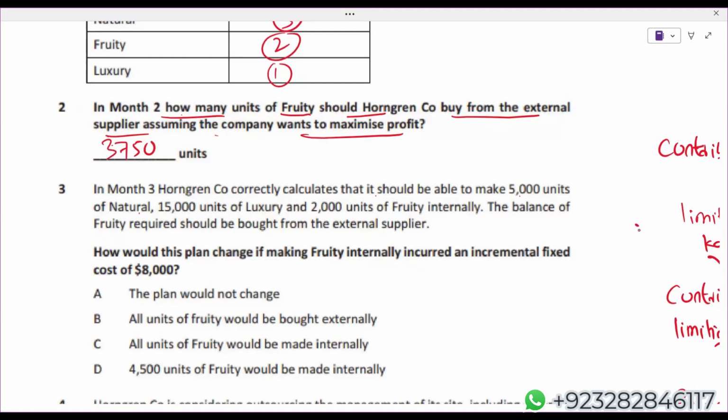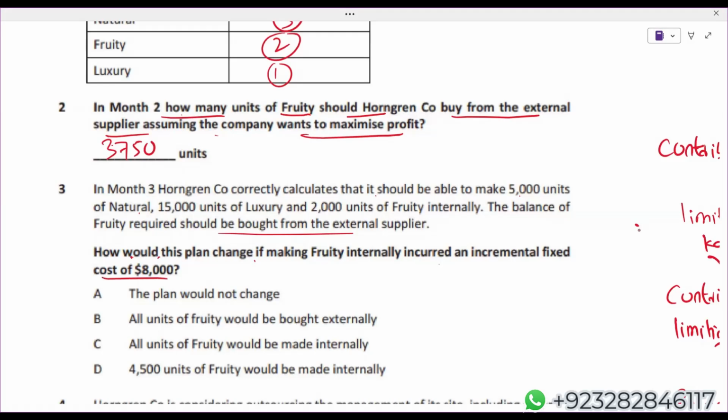The balance of the fruity required should be bought from external suppliers. So they have already decided 8,000 we will buy externally. Fine. Why? Because the maximum demand of the fruity is 10,000. In month 3, 2,000 they will be manufacturing internally. Fine. How would this plan change if making fruity internally incurred an incremental fixed cost of 8,000?